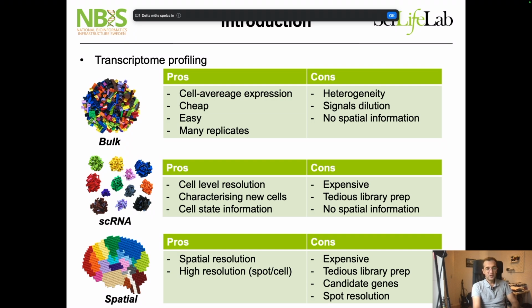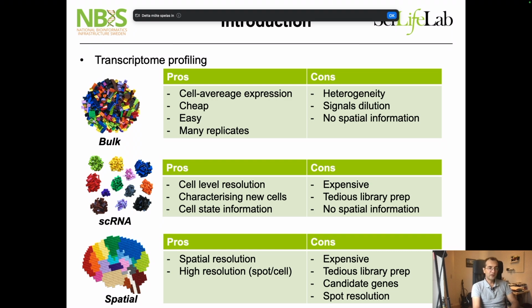it does not give you spatial information. On the other hand, we have spatial transcriptomics, which from the name, it's explanatory. We have spatial resolution. The resolution can be at spot level or cell level. So in the spot level, you do not have single-cell resolution. Still, you have a collection of cells within a given spot. But you have the spatial resolution.